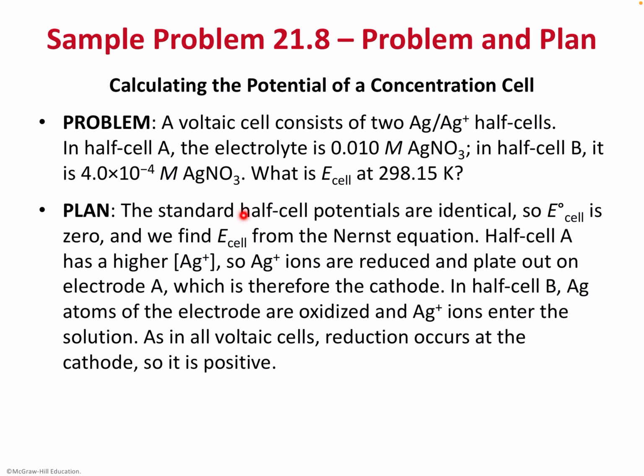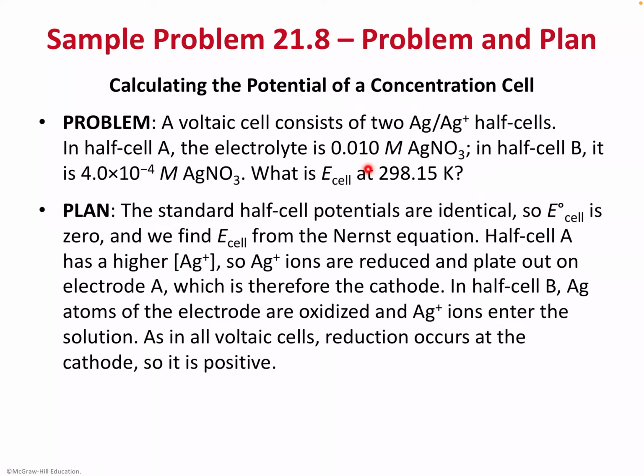The standard half cell potentials are identical. So E naught cell is 0 because both of these are silver. So E naught cell is 0. And we find E cell from the Nernst equation. Half cell A has a higher silver concentration. So silver ions are reduced and plated out on electrode A, which is therefore the cathode.